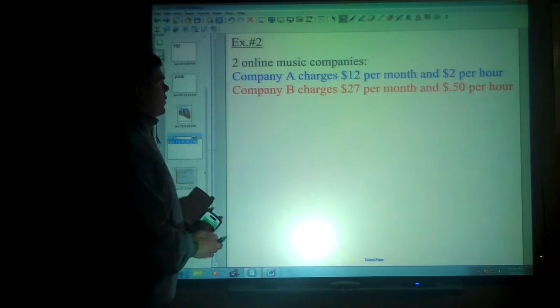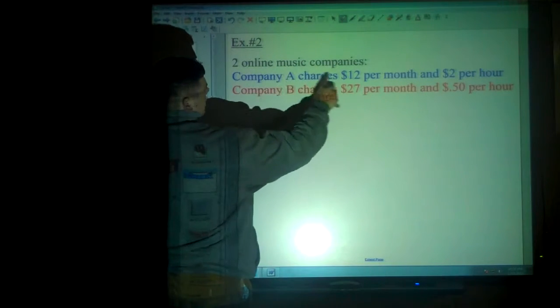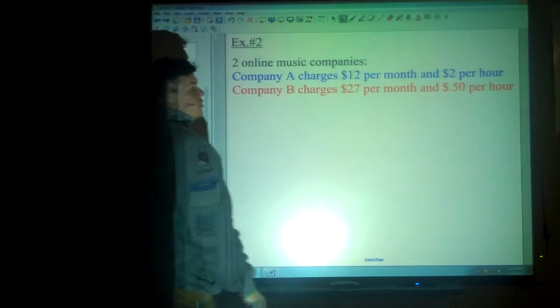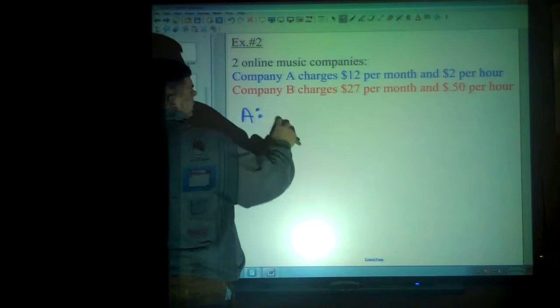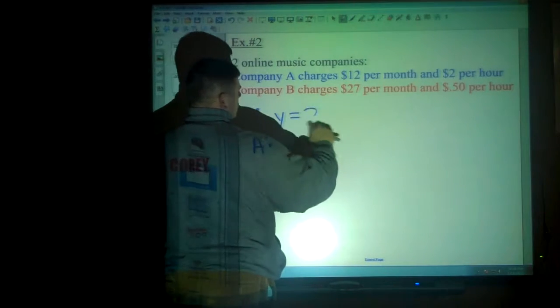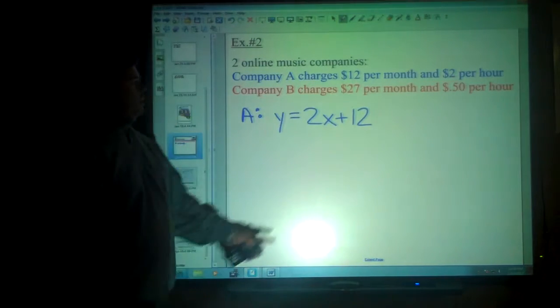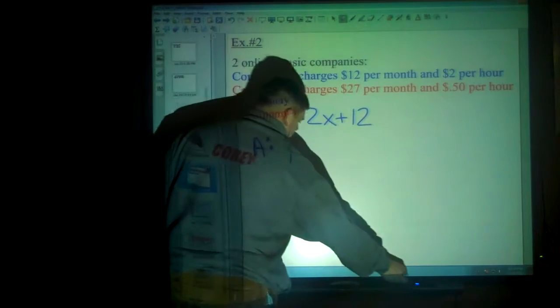If we make equations for these, we've got to think about the fact that our B value, our starting amount, no matter what, is $12 per month. And the $2 per hour is our rate of change. So for company A, we could say y equals 2x plus 12. Because no matter what, we're going to spend $12, and then it goes up from there, $2 every hour.